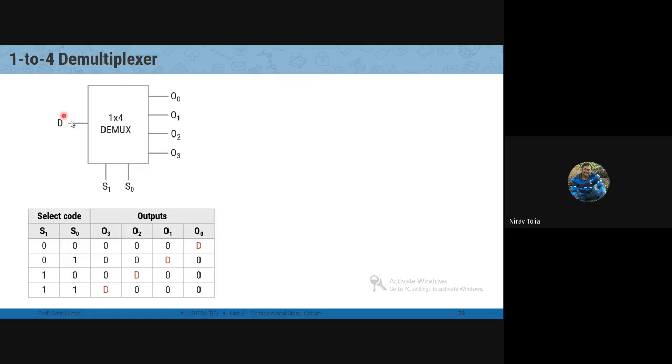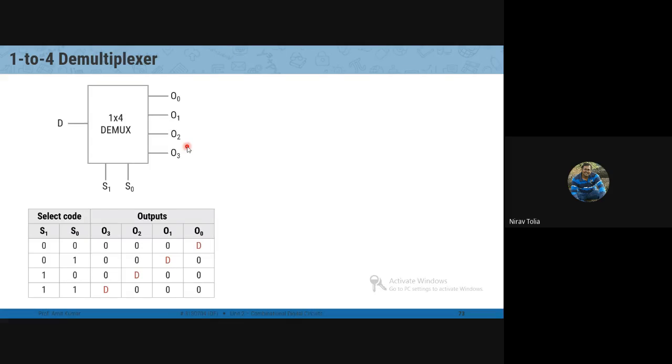Then my data input D is connected with O0 only. Suppose my D is 0, then my O0 is 0. Suppose my D is 1, then my O0 is 1. So D is connected with O0. My O1, O2 and O3 remain inactive, or you can say a low state, or a zero state.